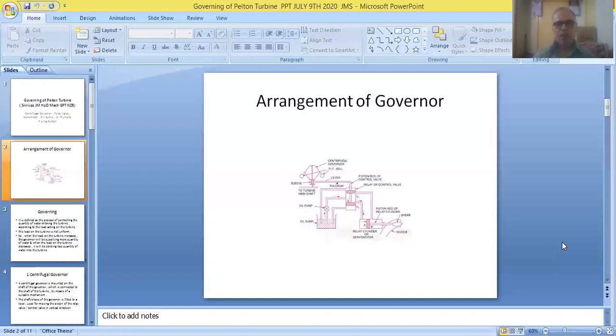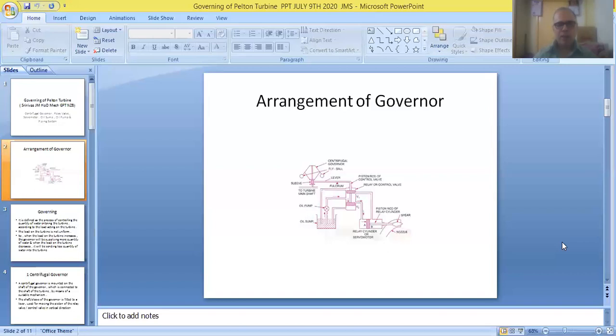When the load on the turbine decreases, the sphere will be moving in forward direction. Less quantity of water will be entering the turbine, and therefore the speed of the turbine will be falling back to the normal value.